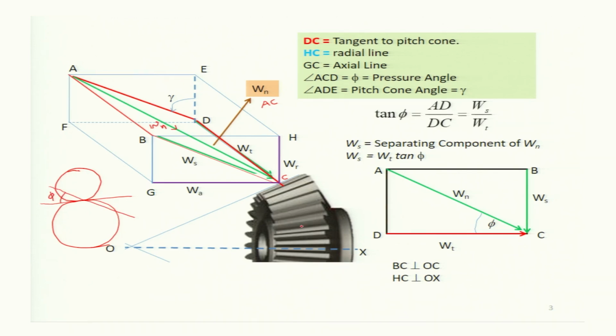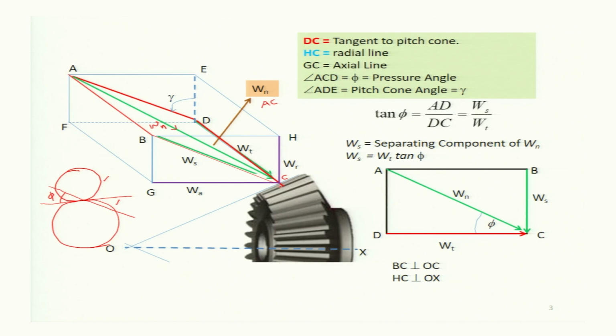Now, in the case of bevel gear, these pitch circles are replaced by pitch cones, and if we see the big end, then there will be a pitch circle corresponding to the big end for the gear and for the pinion. So, the analogous things are there.